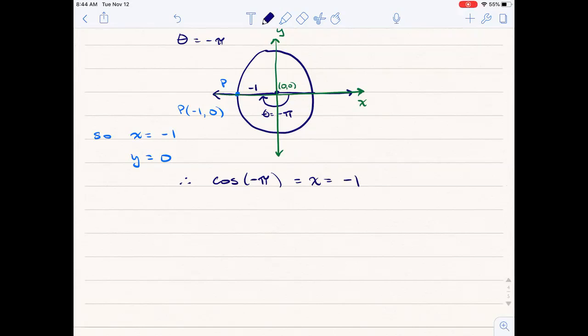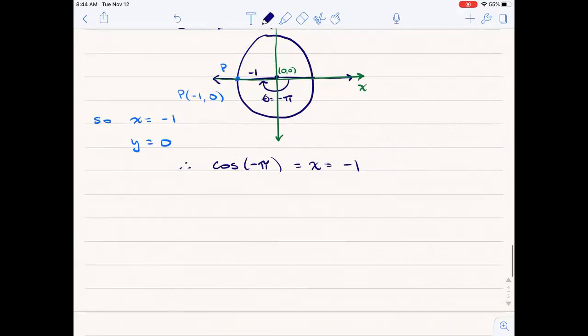That was the definition that we said. x is the cos of theta. Theta in this case is -pi. So now we know that the cos of -pi must be -1. And same idea, the sine of -pi is y, which is 0. And you can check these on your calculator.